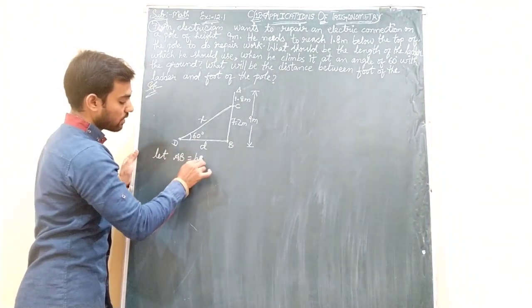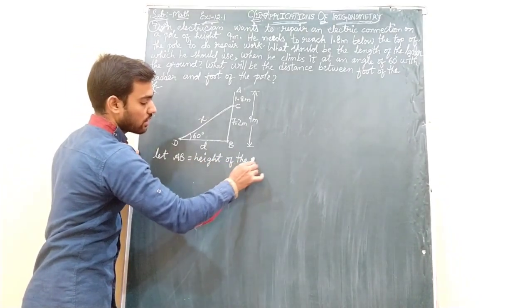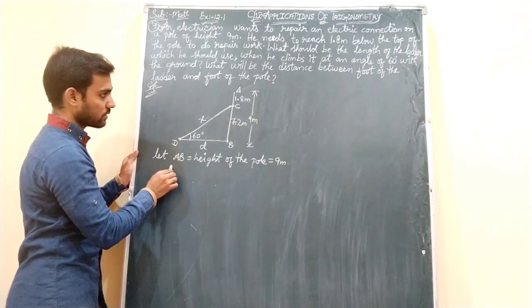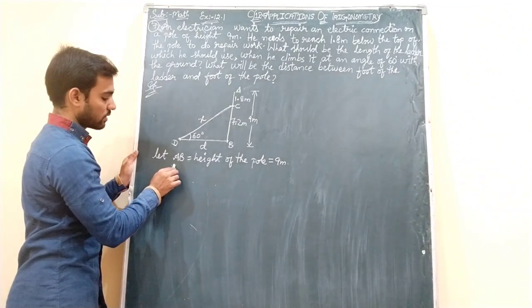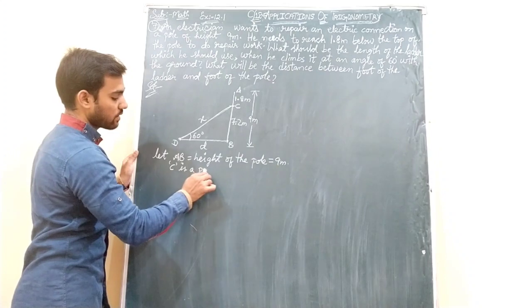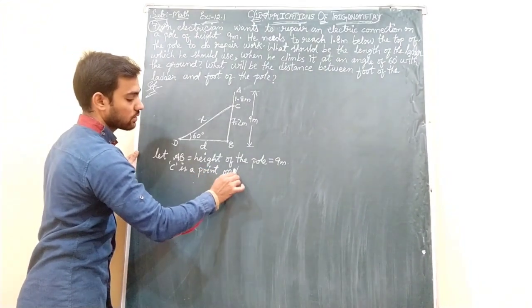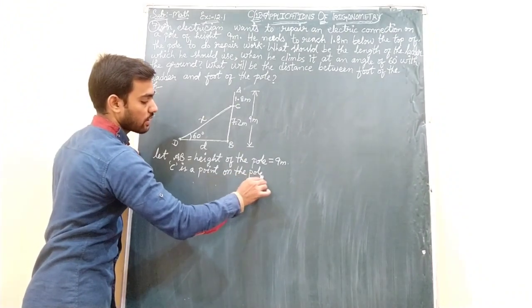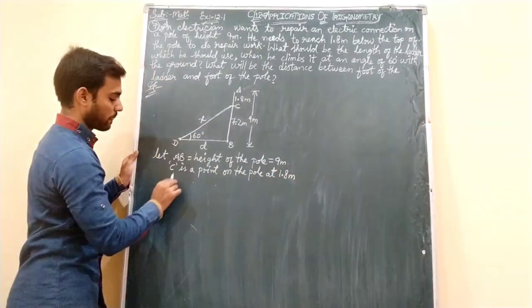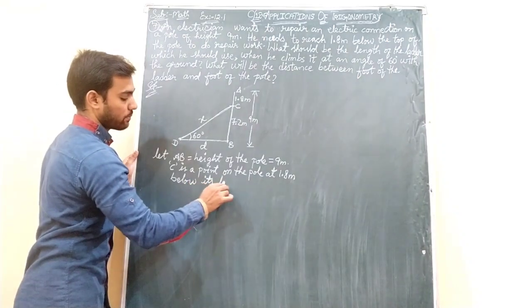Now let AB is what? AB is height of the pole, which is how much? 9 meters. Next, C is a point on the pole at 1.8 meters below its top.